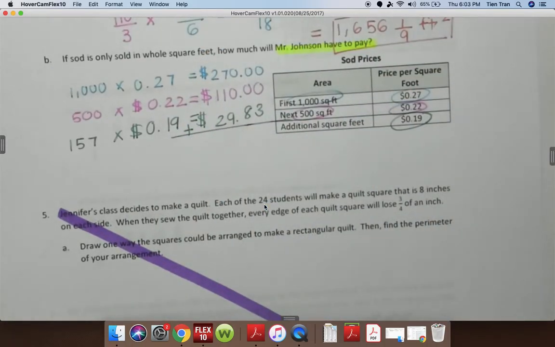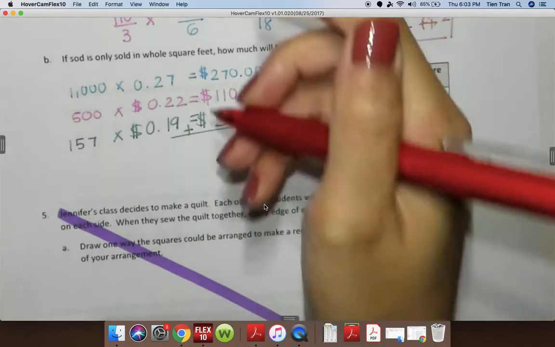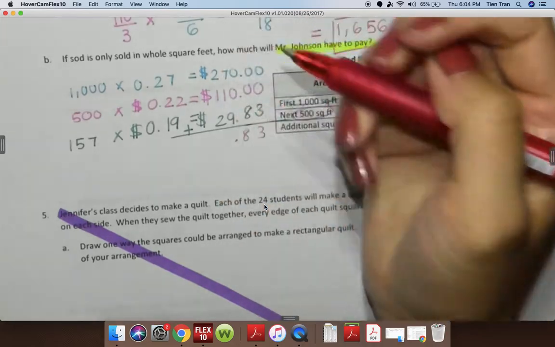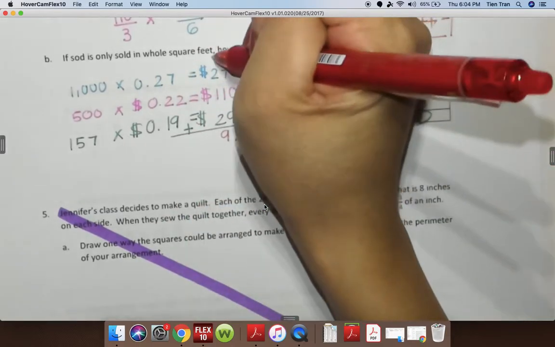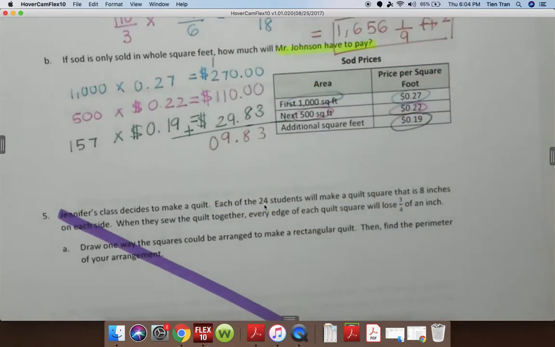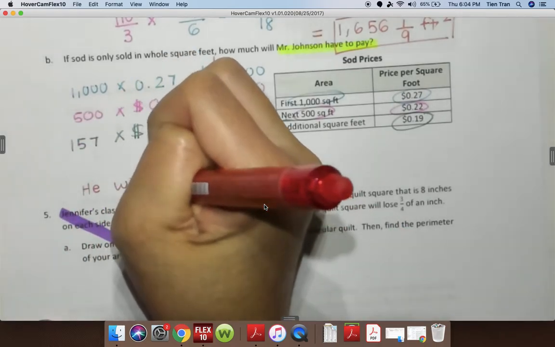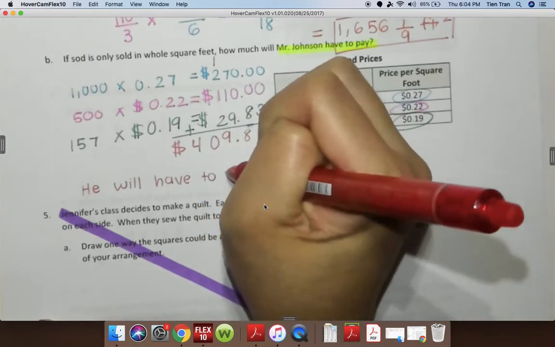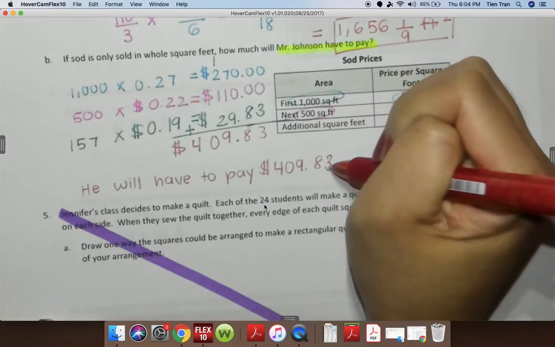Okay, now I'm going to add all of my numbers together. 3 plus 0 is 3, 8 plus 0 is 8, bring down my decimal. 9 plus 0 is 9, 7 plus 2 plus 1 is 10, 1 plus 2 plus 1 is going to give me 4. I get $409.83. Okay, so he will have to pay $409.83.